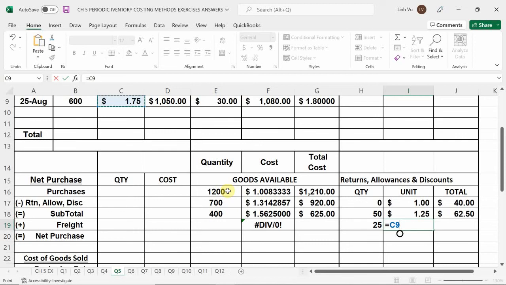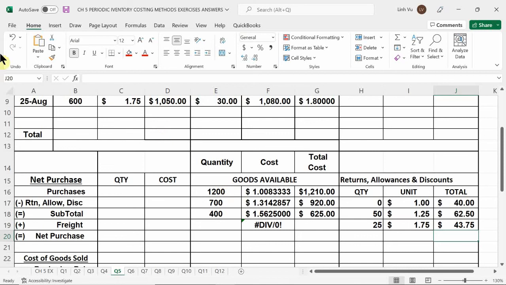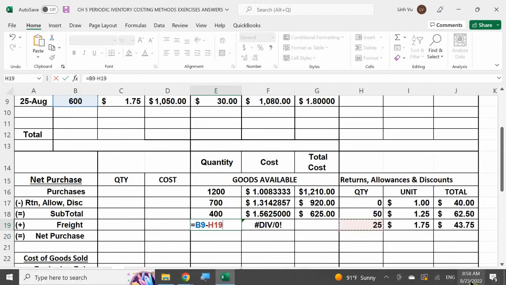All right, so it's going to be $1.75. So what is going to be my total refund here? $43.75. So in this case, I no longer have 600 units because I end up returning 25 of them. So I should have 575, right?